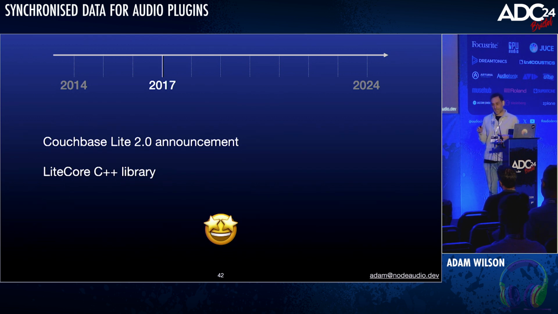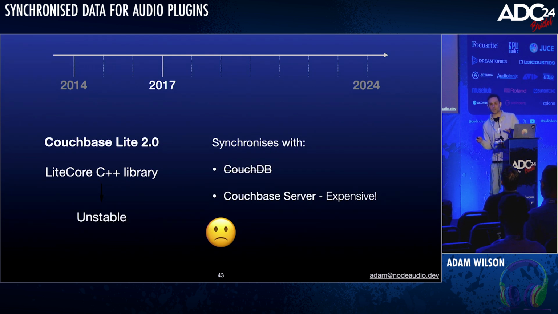I was getting there, but I came across a few issues and posted on their forum, and they told me, this is unstable, this is not meant to be used, it's just an internal C++ core. Then we're going to have all our platform-specific wrappers, with Objective-C, C# on Windows, Java on Android, etc.